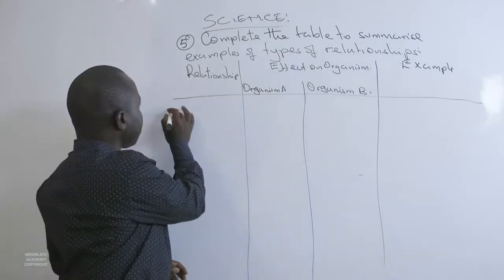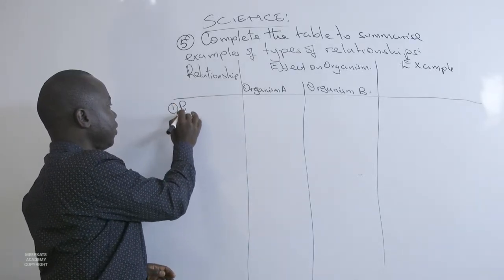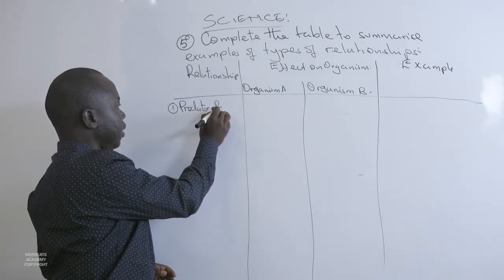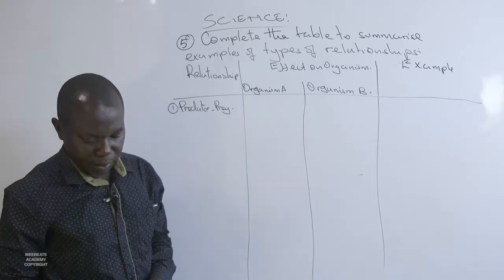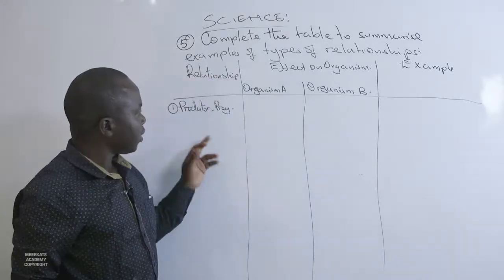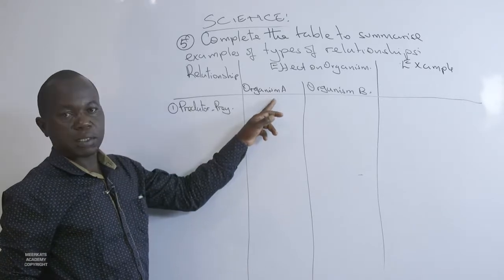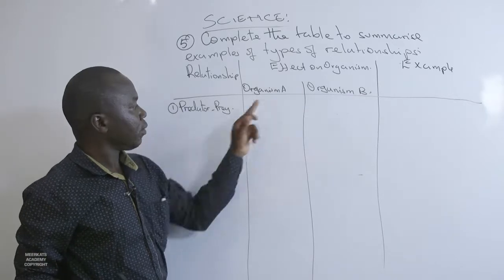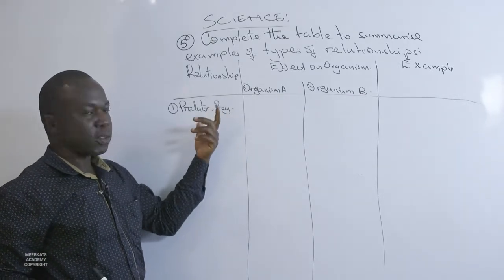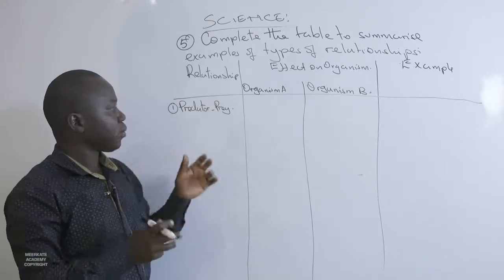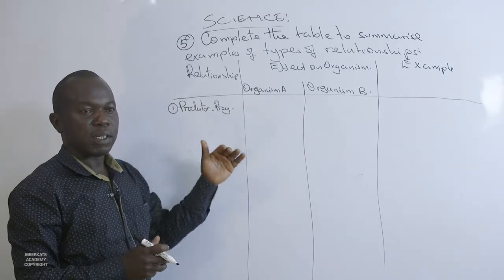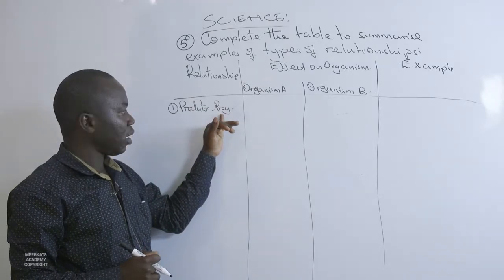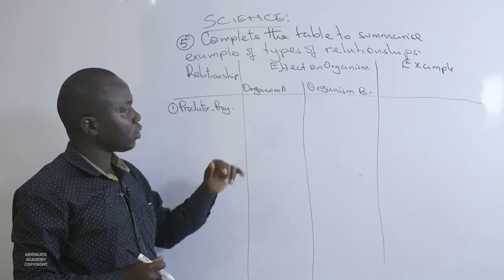So for the first relationship, we have talked about many, we can just have a few. We have the predator-prey relationship. So what is the effect? Let us assume that the first organism is a predator, and the second one is a prey. Remember we talked about this. The word was predation, where we have an organism called a predator, a carnivore, which depends on another organism called the prey as a source of food.